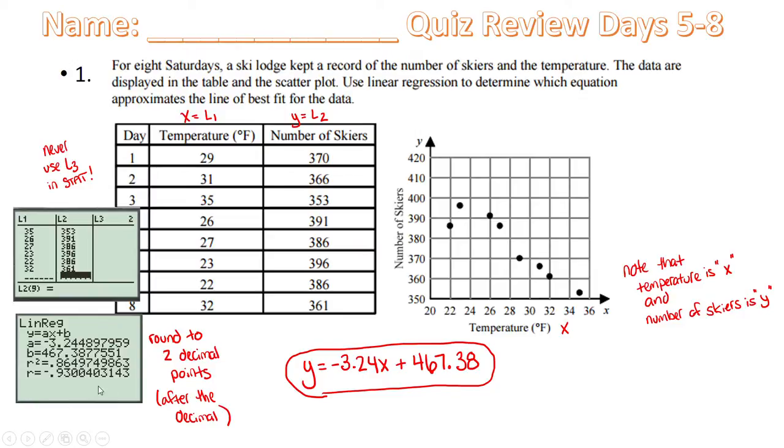Now, if you're typing this in the calculator and you don't see r, that's because I have my diagnostic on for my correlation coefficient, and that's not important to this question. The only time that this is important is when they're asking for linear correlation, or we have to do an equation where we need that, but this isn't it.